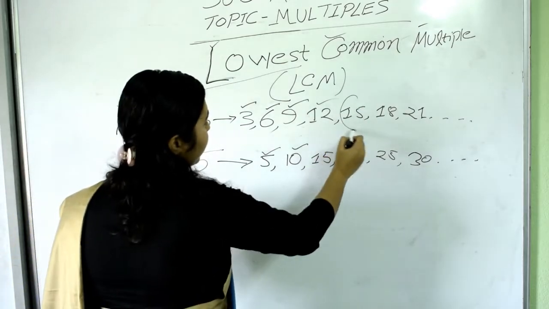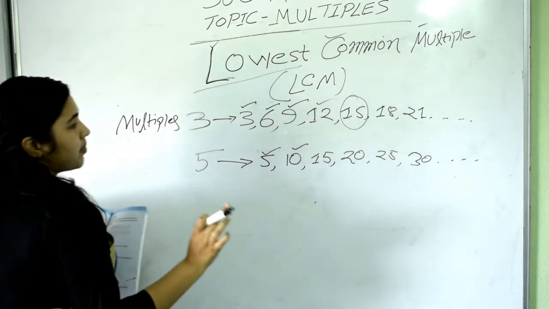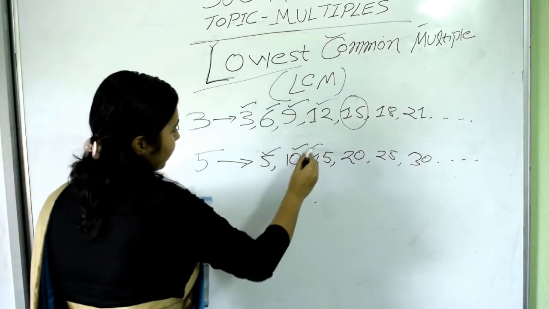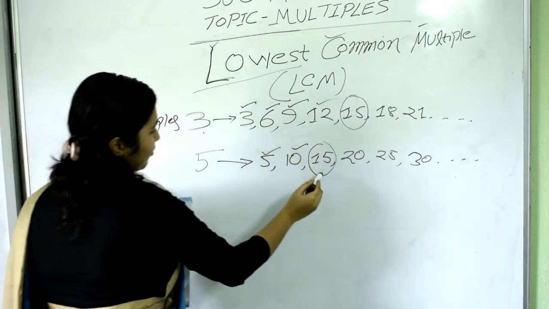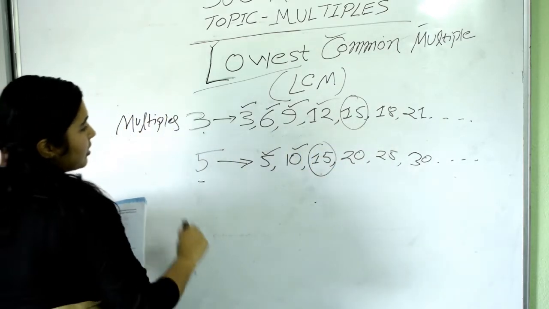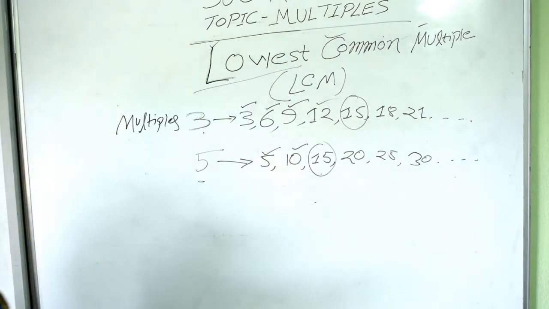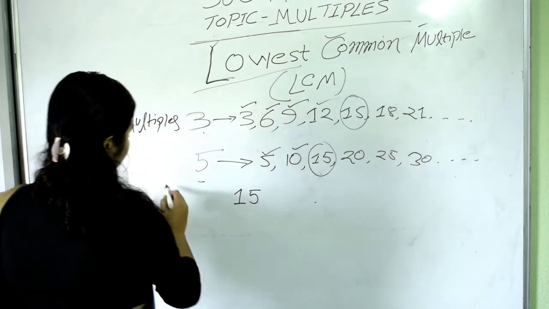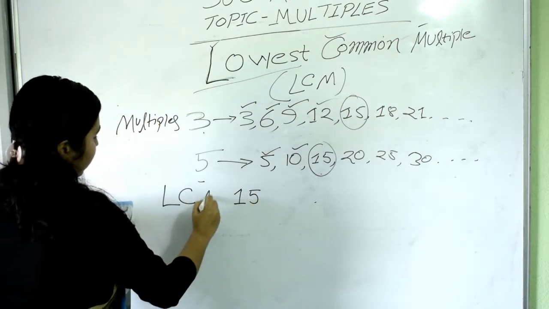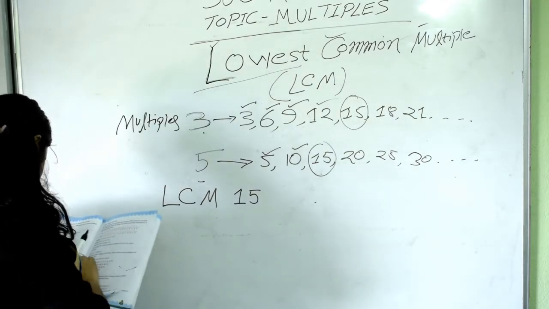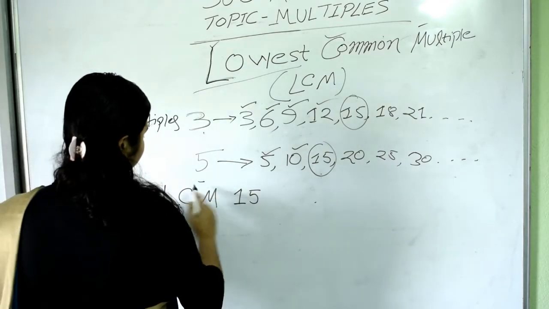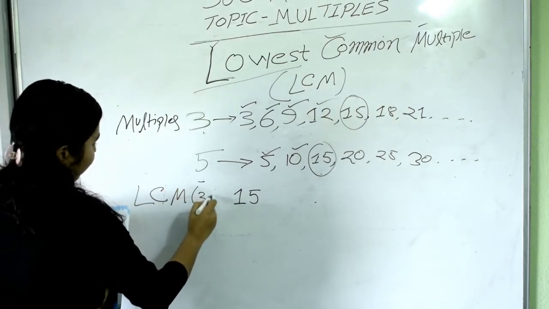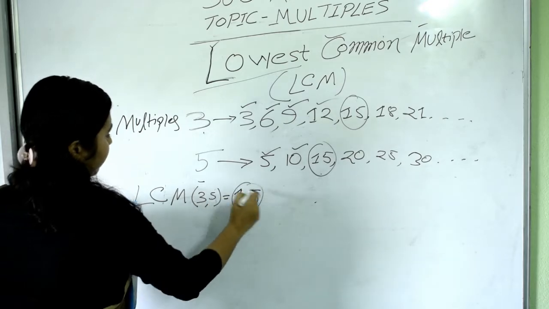That means 15 is the first common multiple for 3 and 5. 15 is a multiple of 3 and 15 is also a multiple of 5. That means the first or least common multiple, the lowest common multiple of 3 and 5, is 15.